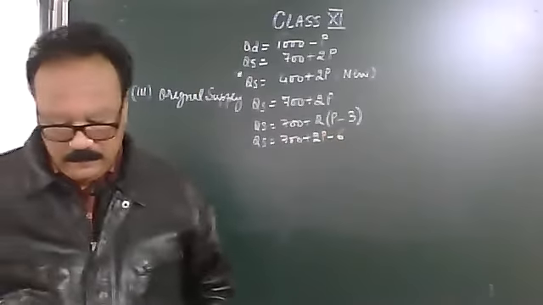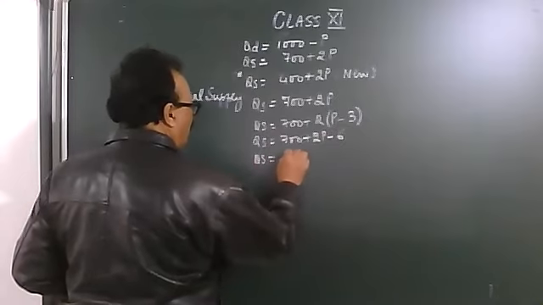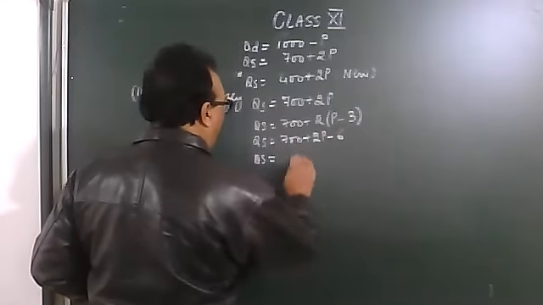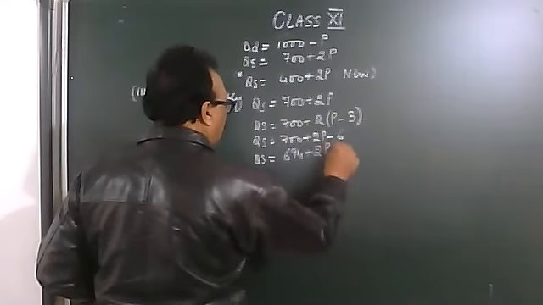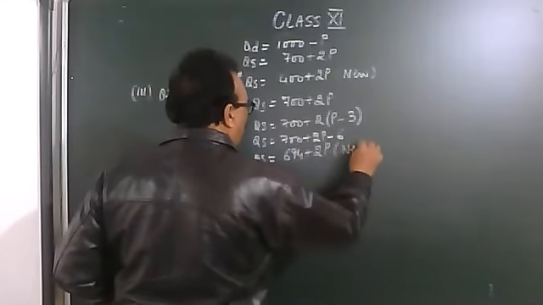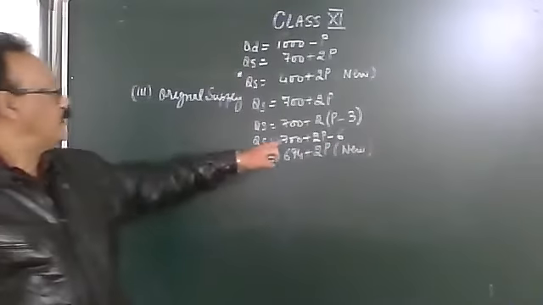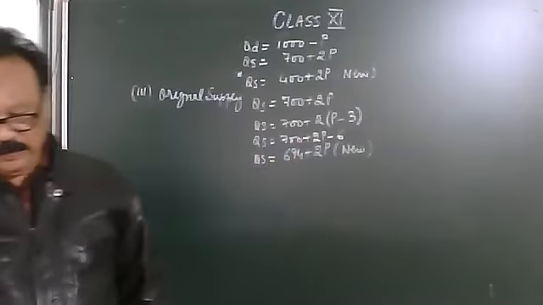Okay, and further work it out: 694 plus 2P will now become the new QS, quantity supplied.